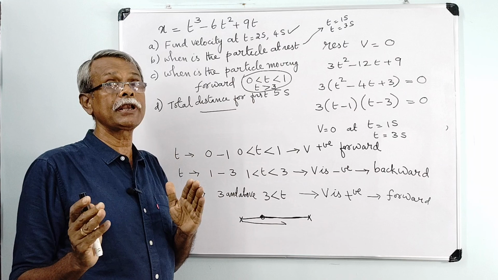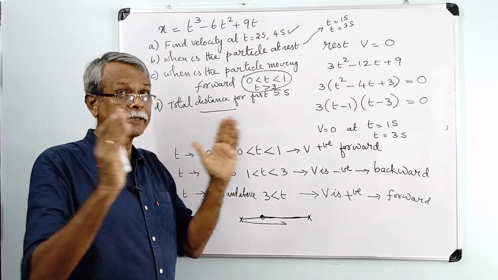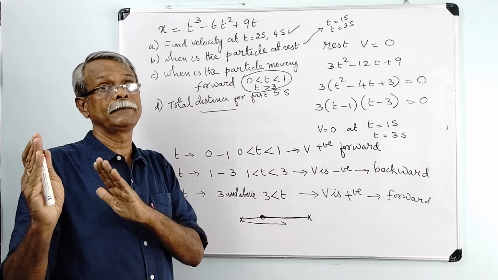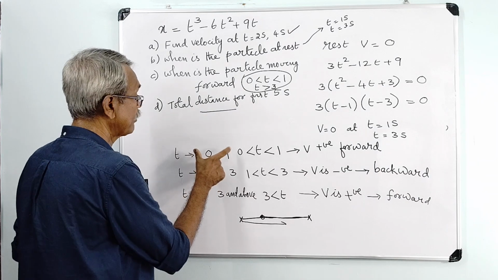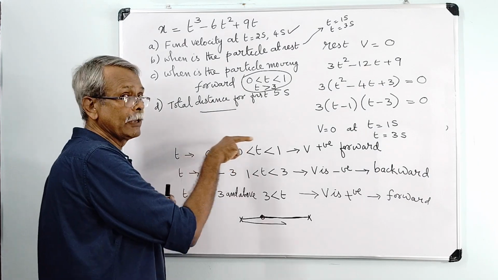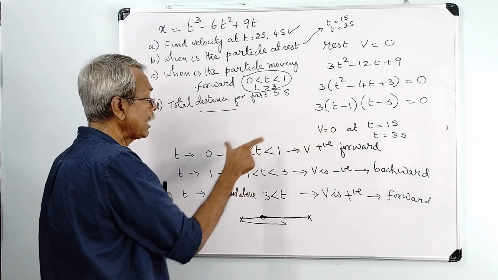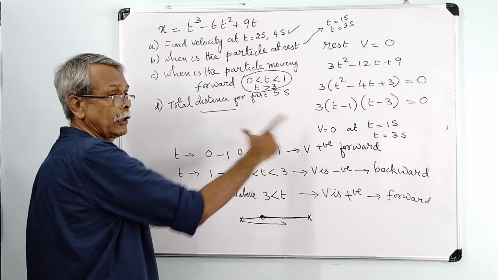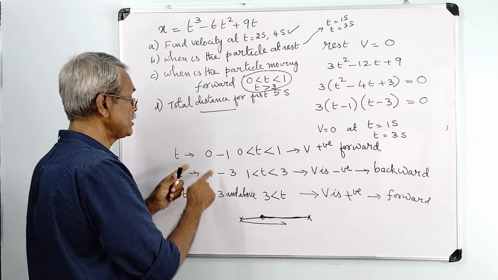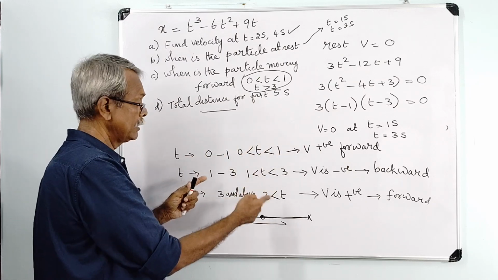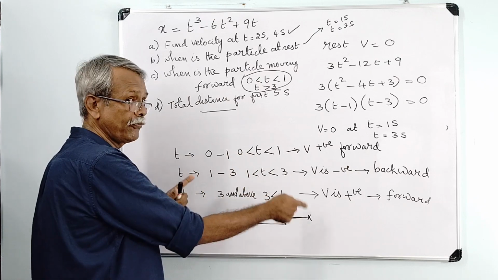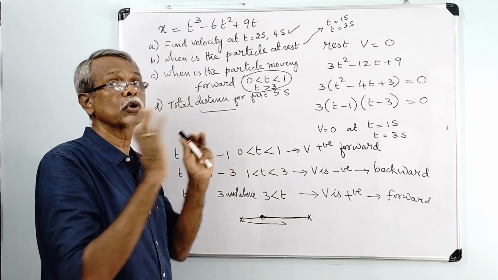In that situation, you have to split the time into different segments. For example, from 0 to 1, it is moving in the positive direction. You calculate the distance for 0 to 1. Then you calculate the distance from 1 to 3. Then you calculate the distance from 3 to 5 and add all of them together.